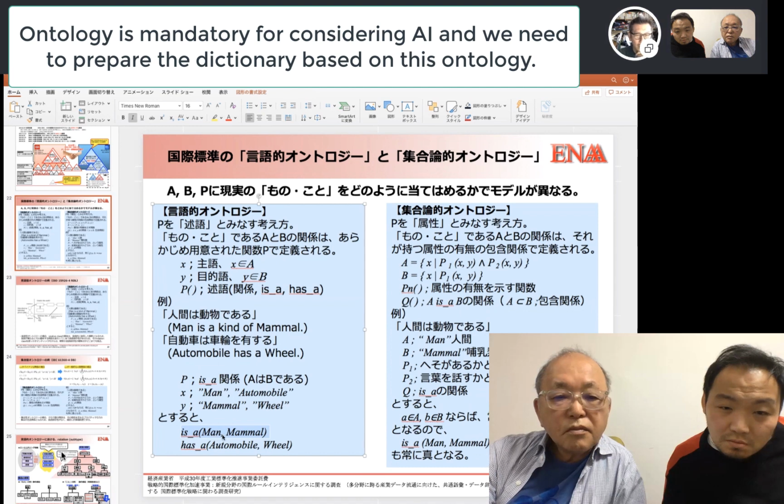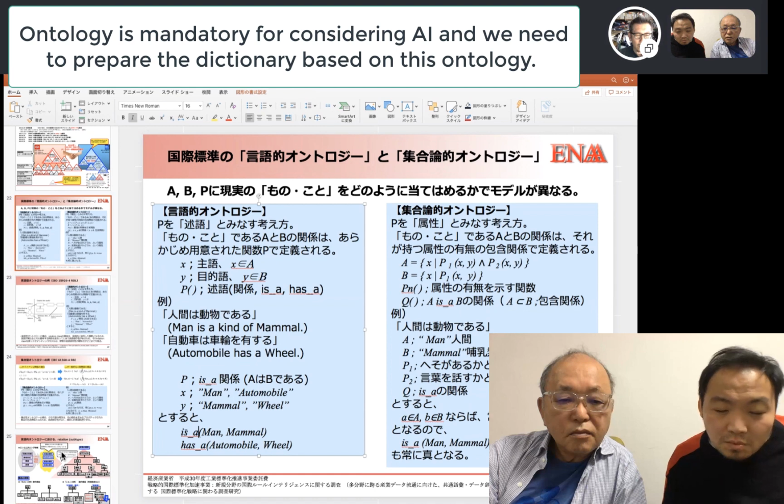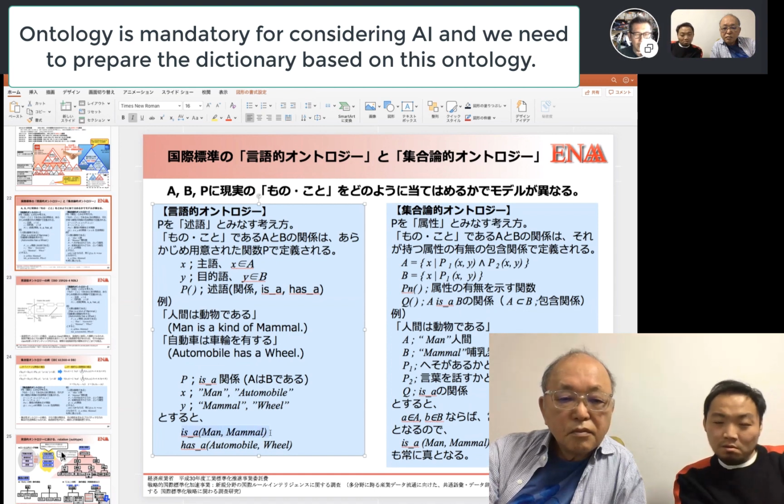We put the man and the mammal in one bracket, putting the relationship name at the top in front of this bracket. This is the representation of man is a kind of mammal in the linguistic ontology way.